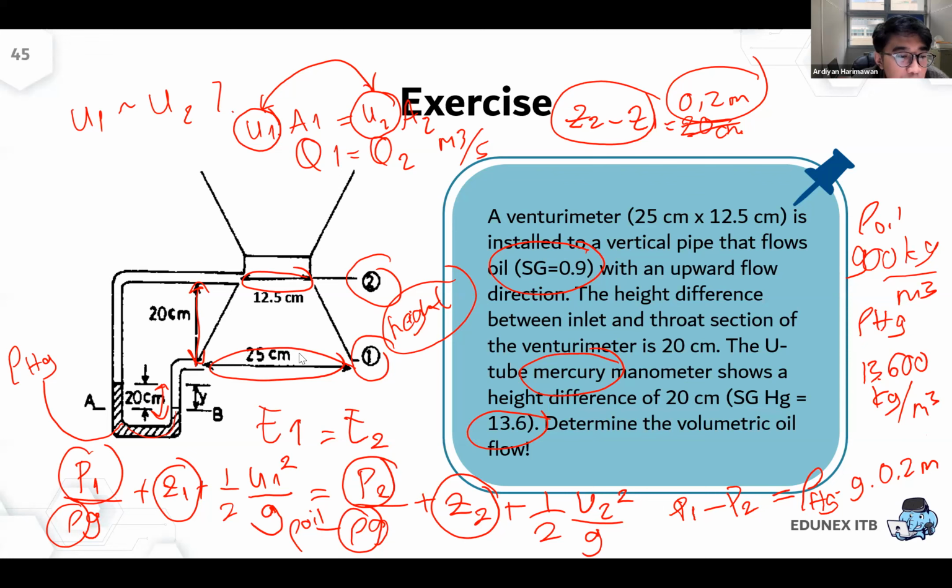What is the law that you need to apply to get the correlation? Maybe not the value first, because the value you need to put into the Bernoulli. But you can express velocity at point 2 as a function of velocity at point 1, or vice versa. To get the correlation, you need to apply what equation? Steady state mass balance, sir?